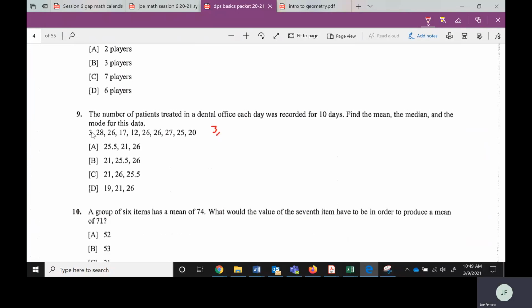So as you go, you might want to cross them out. 12 was there. 17, and this is what takes a little long with these. They're not necessarily hard. There's a couple of 26s. You gotta kind of double check as you go just to make sure you got everything in order.